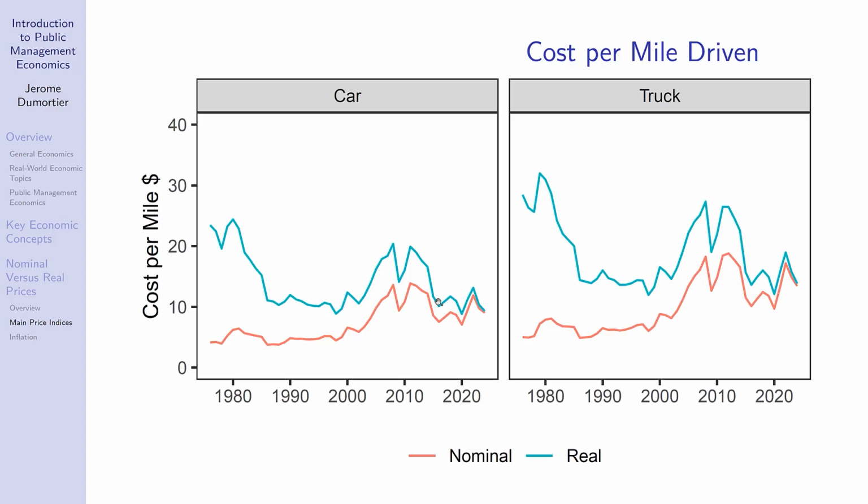Of course, fuel efficiency has made significant progress over time, and hence the cost per mile, this is actually what economists would really be interested in, and not necessarily the price of gasoline, since we care about how much it costs to get from point A to point B. You see that due to fuel efficiency gains, there has been a significant decline in the cost per mile driven. Okay, and note that here the cost per mile is measured in cents and not in dollars. So this is a typo here.